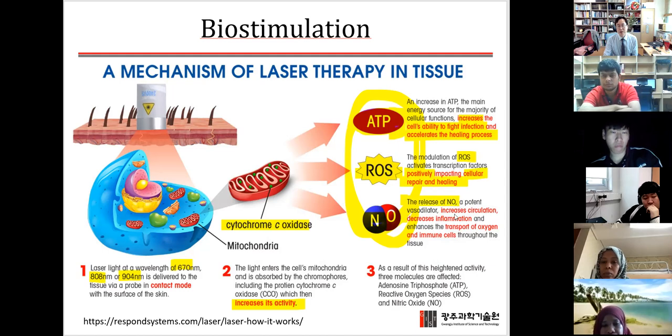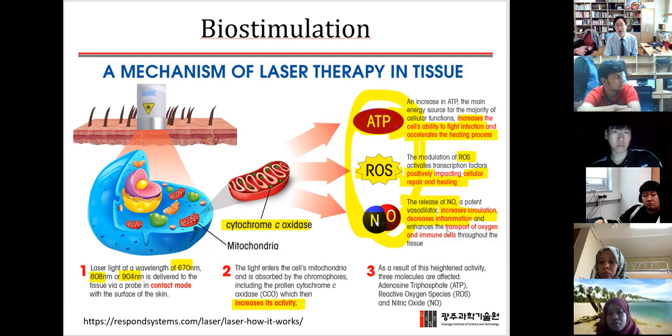Releasing nitric oxide can work as a vasodilator, which means an increase of the blood vessel diameter. When there is an increase of the blood vessel diameter, it promotes an increase in blood flow also, so they will increase circulation. And by having more circulation of the blood, it can decrease the inflammation.